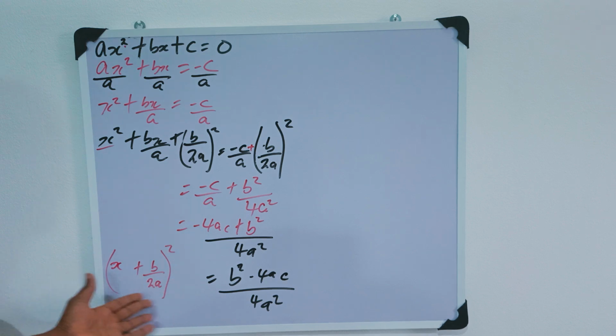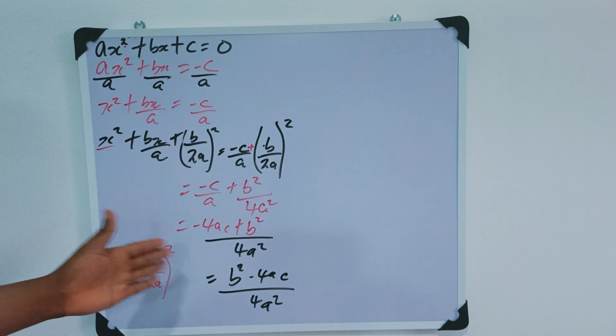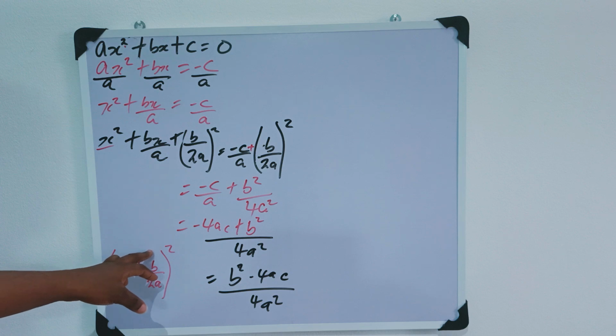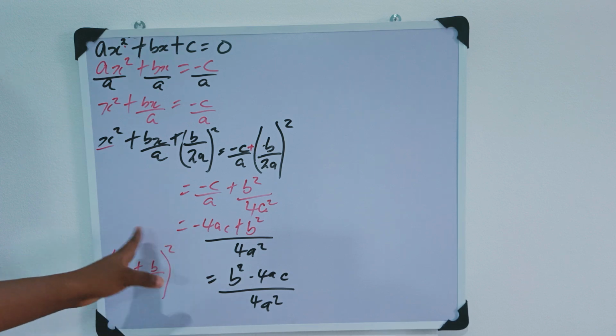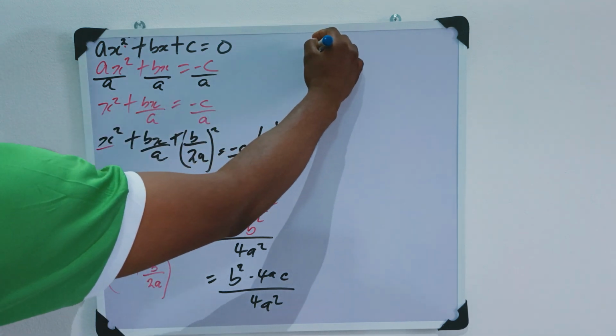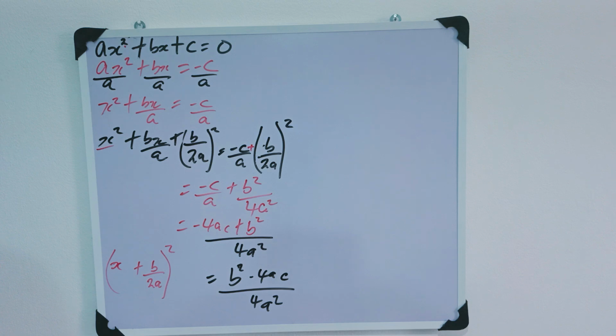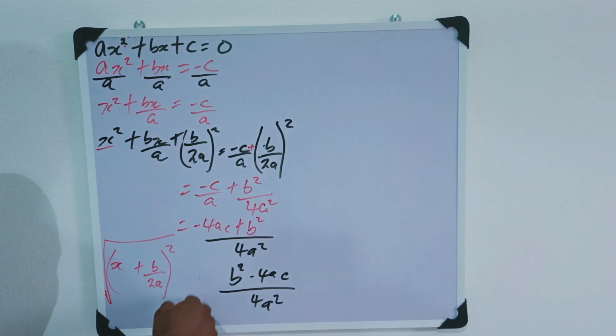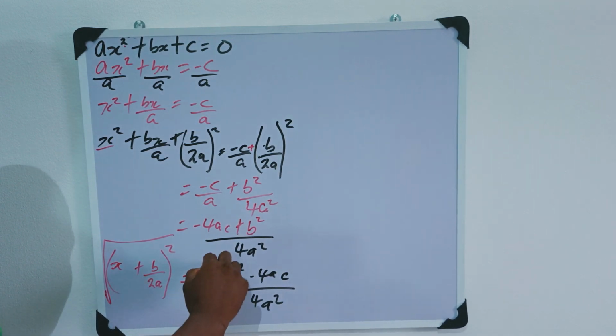So now we have two expressions equating to themselves. You have a square here. All you need to do is to square root both sides so the square can leave. So let's do that over here, square rooting this and square rooting this.